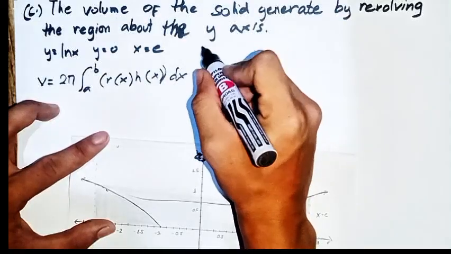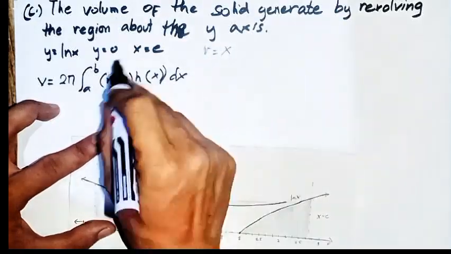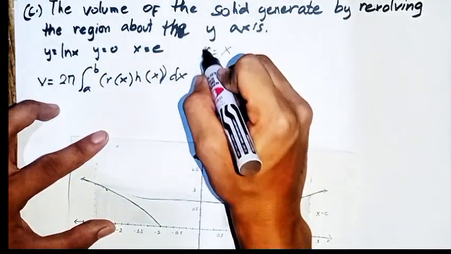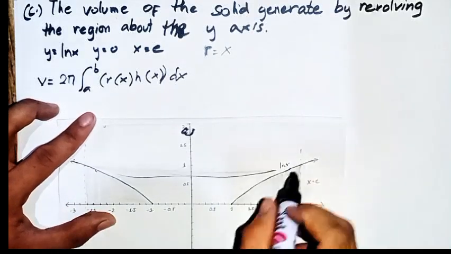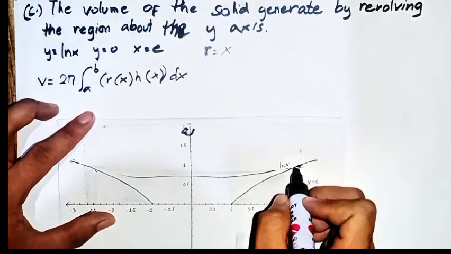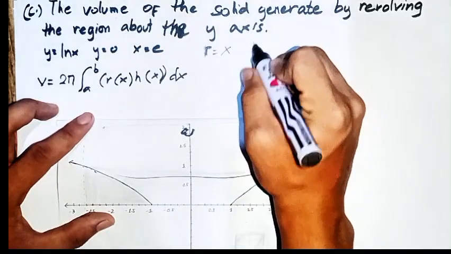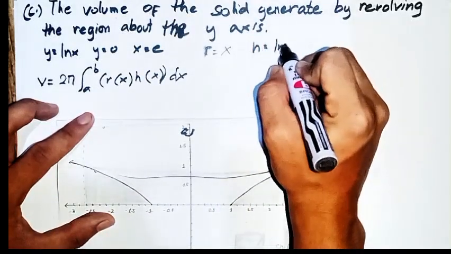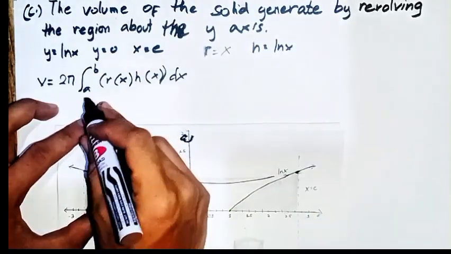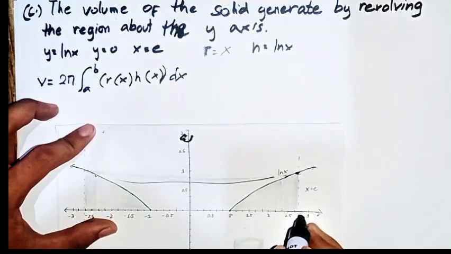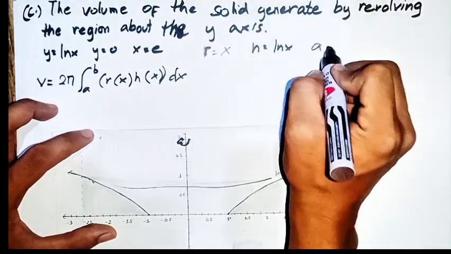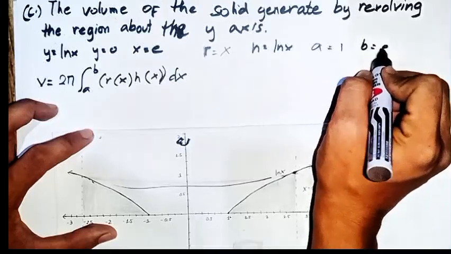So our radius is x. Our height is the graph ln x, so our height is ln x. And our lower and upper limits are from 1 to e. A is 1 and b is e.